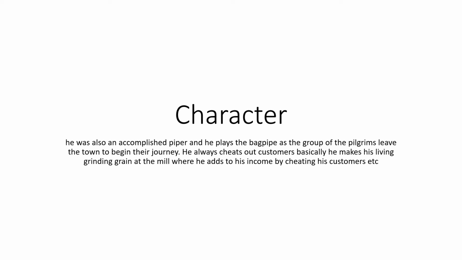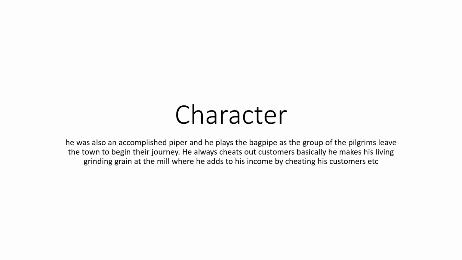So there are many good skills in this character, but at the same time Chaucer tells us about his physical appearance, which was not good. And if we analyze his character, he was a thief who cheats people, adding to his income by cheating his customers.